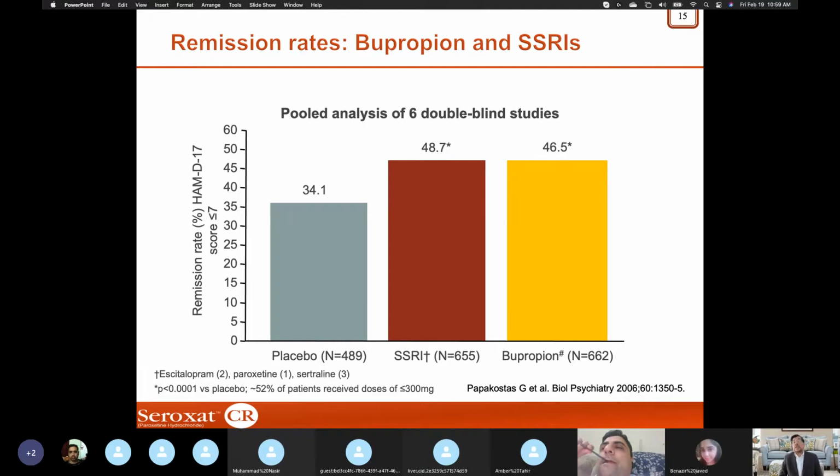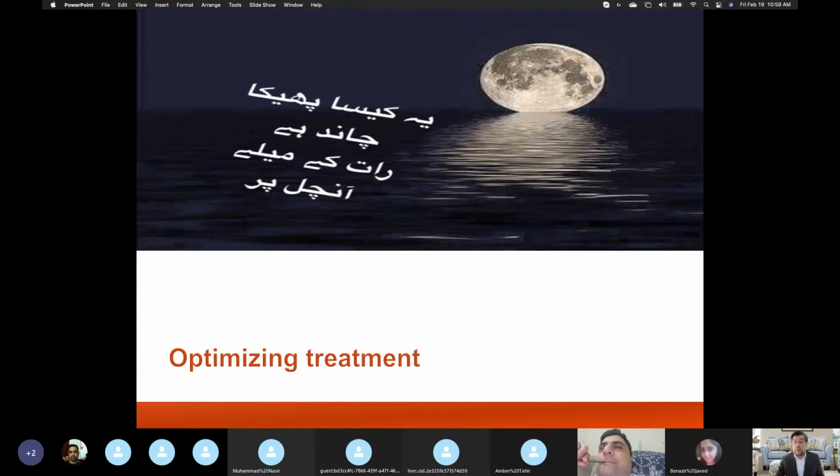When I see psychiatrists prescribing bupropion 75 milligrams per day for a 6 week time period, I cry. Don't make me cry. If you want to treat, it has to be treated properly with the therapeutic recommended dosage of these medications. I hope I'll be able to cover some of them later.